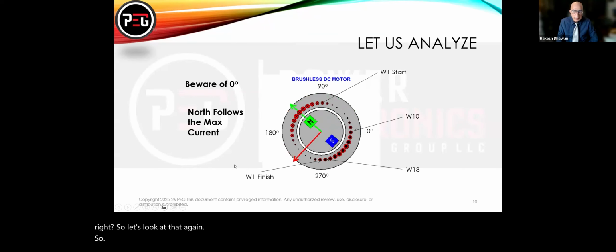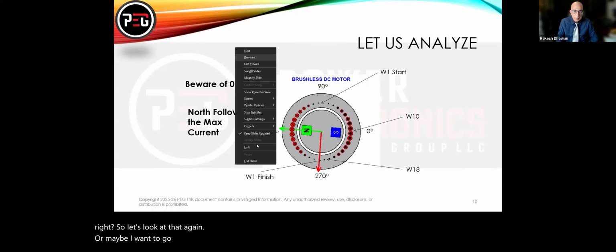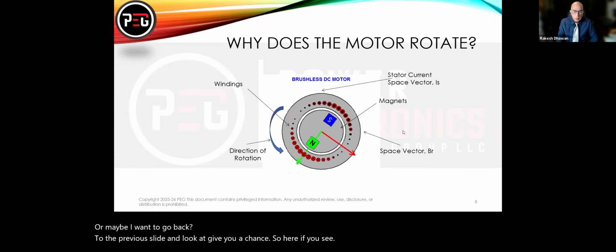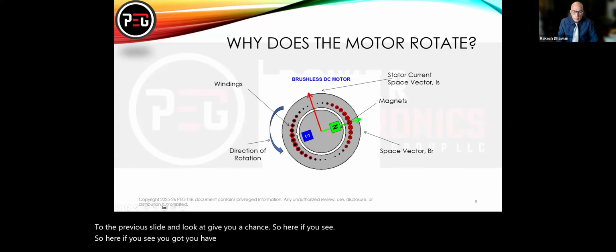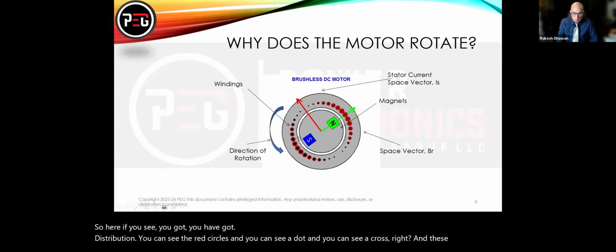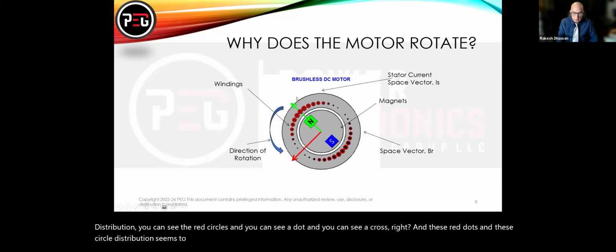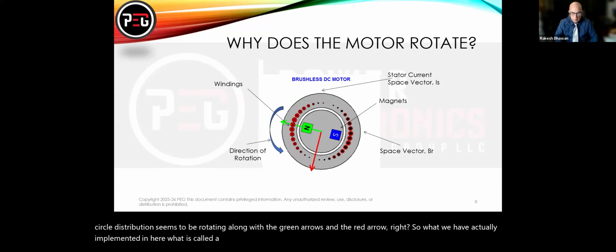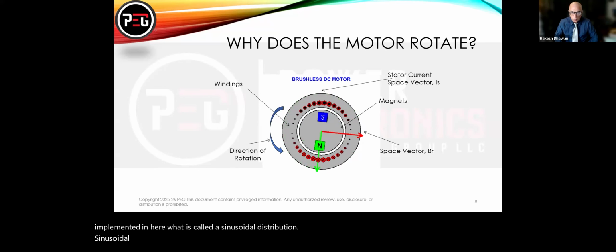Maybe I want to go back to the previous slide and give you a chance. Here you have a distribution. You can see the red circles, a dot and a cross, right? These red dots and circles seem to be rotating along with the green arrow and the red arrow. What we have implemented here is called the sinusoidal distribution, a sinusoidal magnetomotive force.